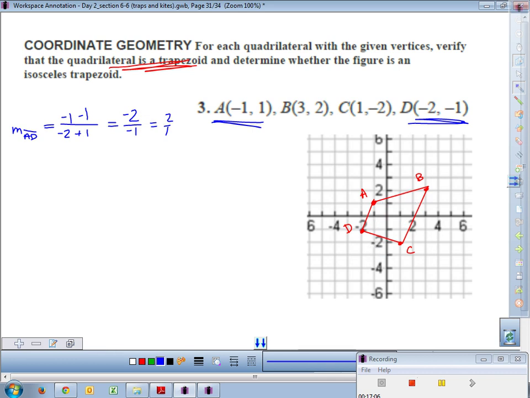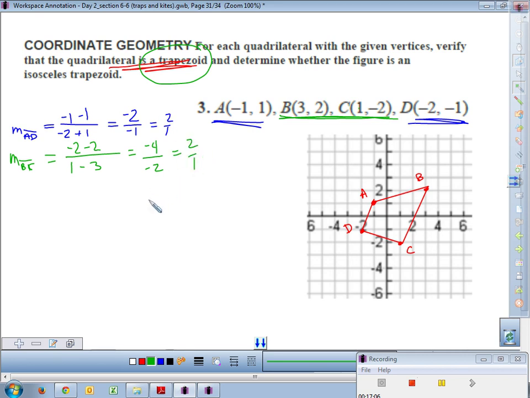Now since we want them to be parallel, don't we want to get the same slope for the slope of segment BC? And it's got to happen, right? They're telling you basically in the instructions that it's a trapezoid, so it's supposed to happen. BC, so that's these guys right here. I will do negative 2 minus 2 over 1 minus 3, which is negative 4 over negative 2, which is 2 over 1.